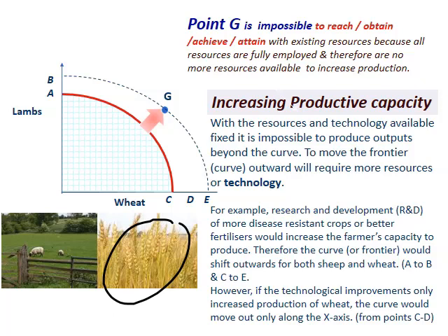And so if grass production was increased, you would see the capacity of lamb production increase, no change in wheat production. So the curve can move out from either end, or it can move out at both ends, depending on what resources or technology is added to increase the productive process.